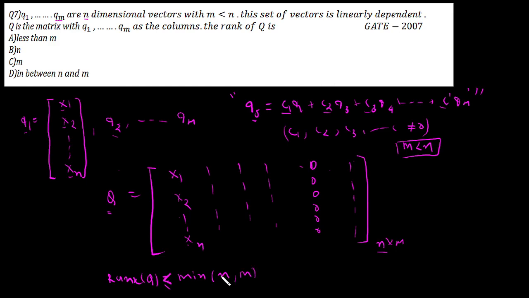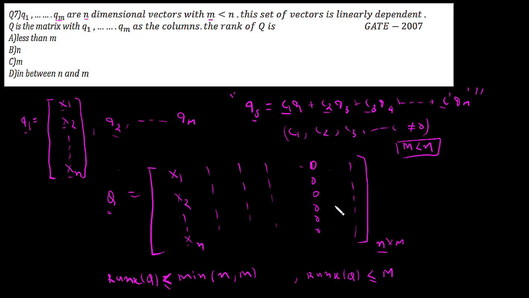So I can say the rank of Q is less than or equal to the minimum of these two, and it is given that m is minimum. In other words, the number of columns is minimum. So I can say the rank is less than or equal to m here. But in the options they have only written less than. So for further progress I have to remove this equal to sign to reach the solution.